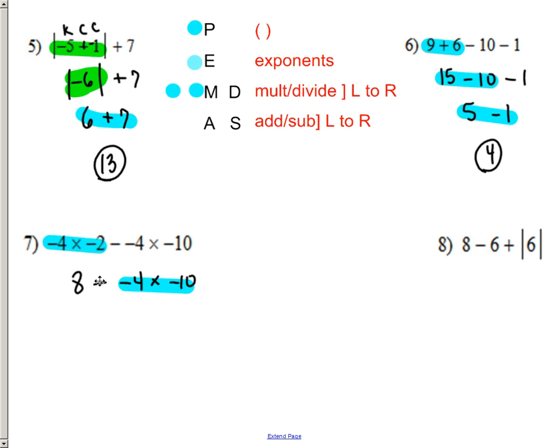If you went through and did 8 minus -4 right now, that would be a mistake. So we see -4 times -10, and we do that, and we know it's not -40, but +40. Almost made a mistake there. And now we're left with the subtraction. Keep, change, change.